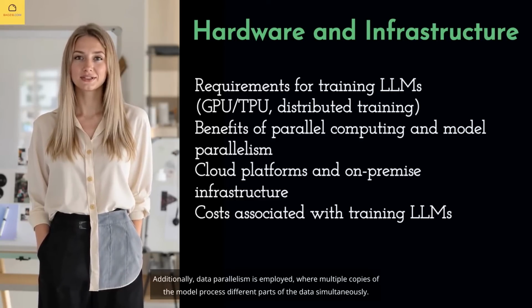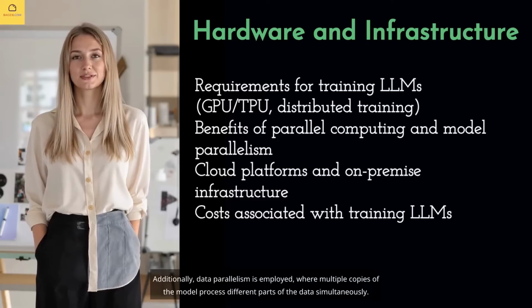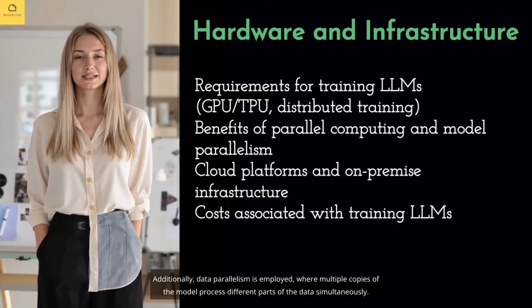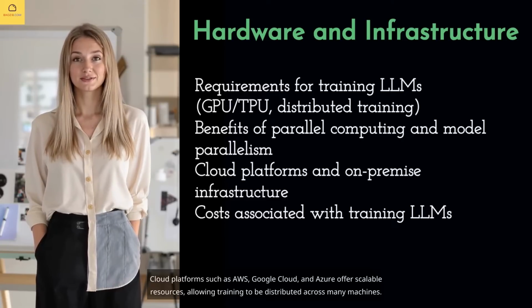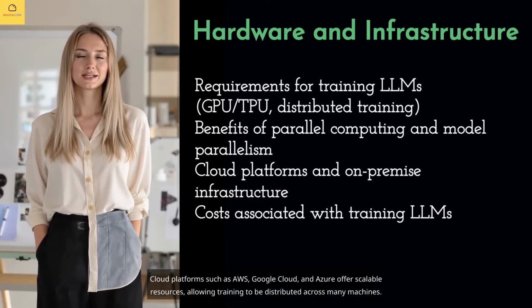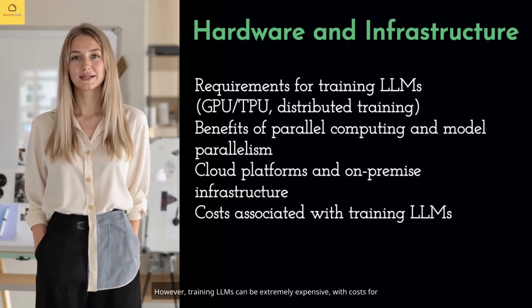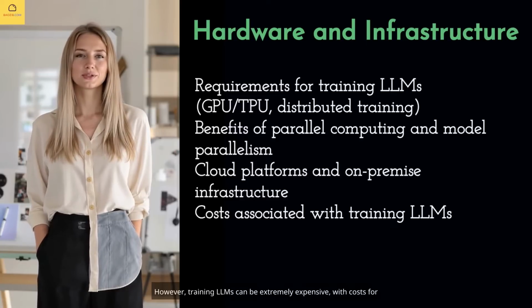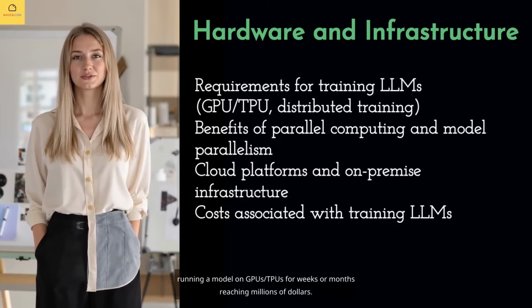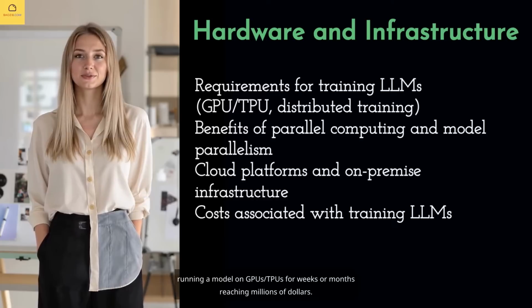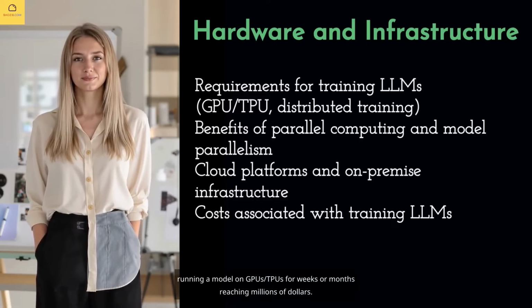Additionally, data parallelism is employed, where multiple copies of the model process different parts of the data simultaneously. Cloud platforms such as AWS, Google Cloud, and Azure offer scalable resources, allowing training to be distributed across many machines. However, training LLMs can be extremely expensive, with costs for running a model on GPUs/TPUs for weeks or months reaching millions of dollars.